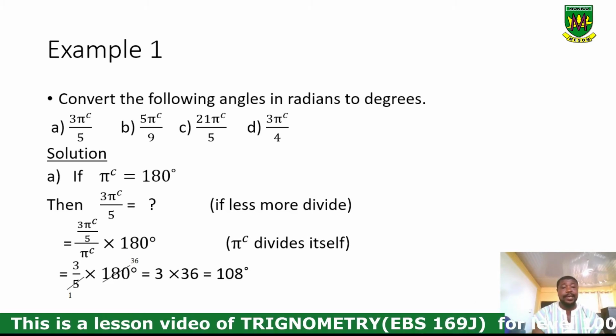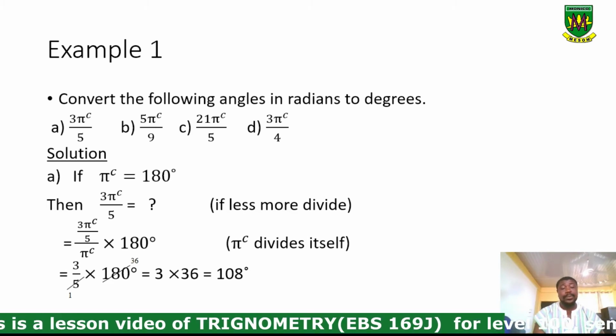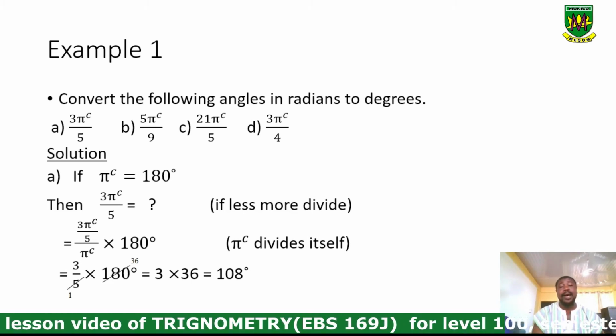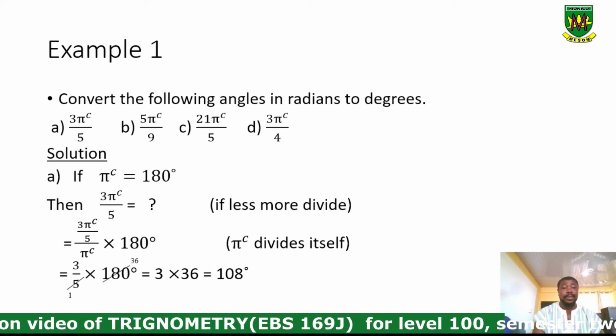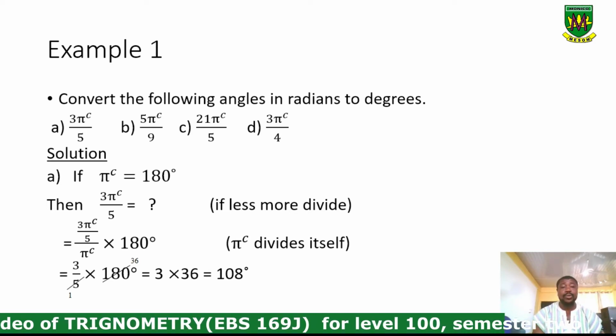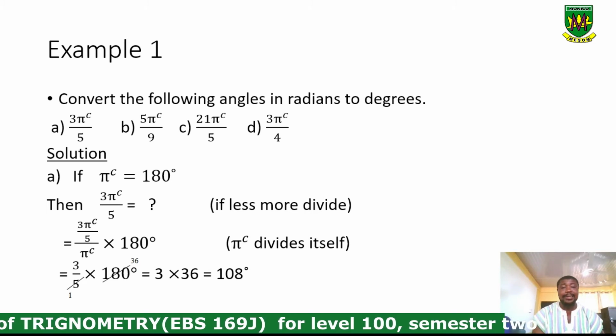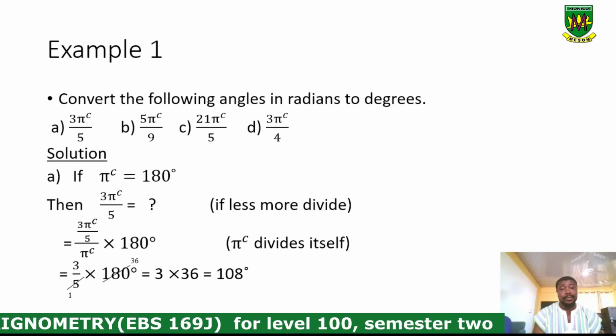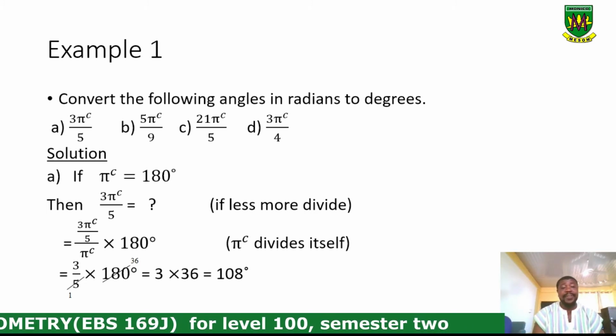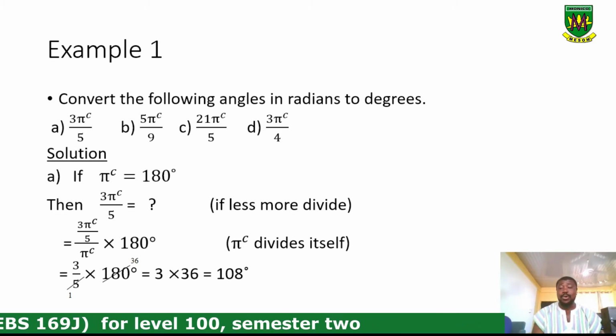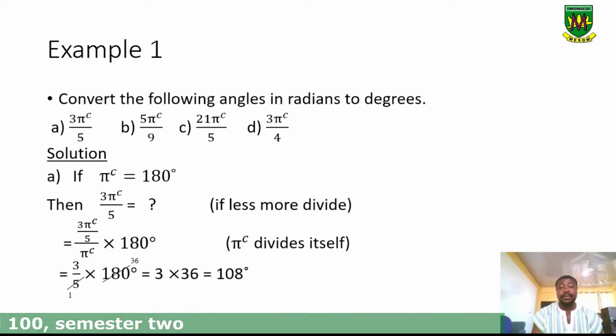Now, if we take A into consideration, we will take our equivalent, and we said that pi radians is equal to 180 degrees. Then 3/5 pi radians will be equal to what? We can use ratio and proportion, or the idea of what we usually say: if less, more, divide.